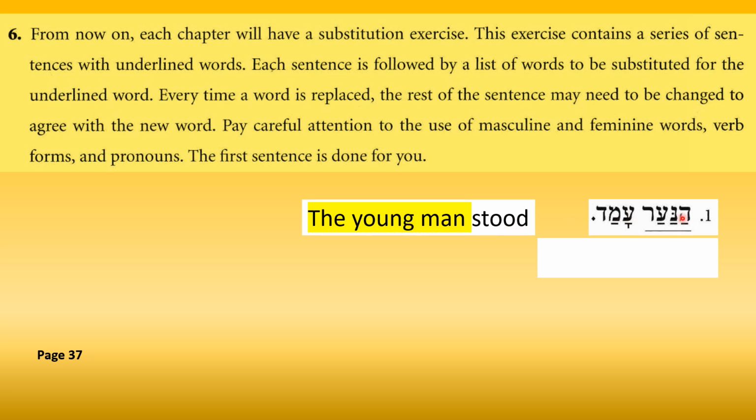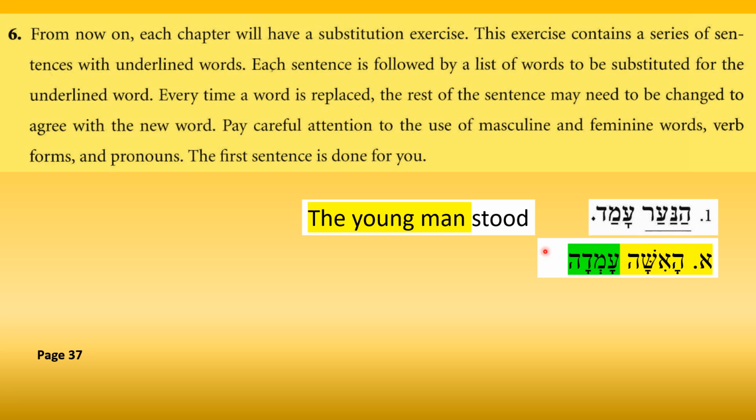So again, sentence one, Hana'ar Amad, the young man stood. Then they'll give you the substitution. So instead of the young man, they have Ha'isha, which is what? That is the woman or the wife.